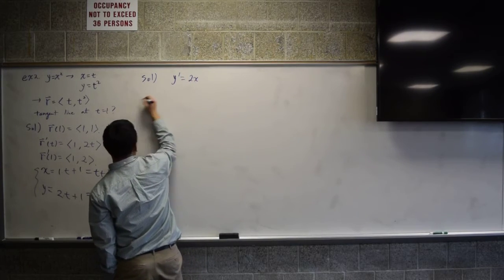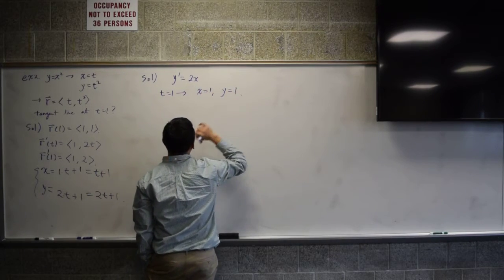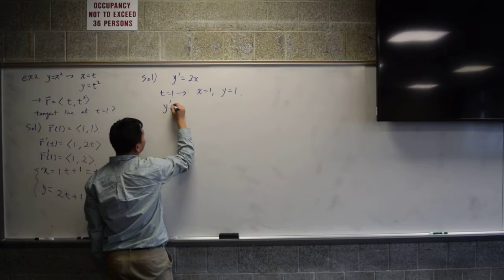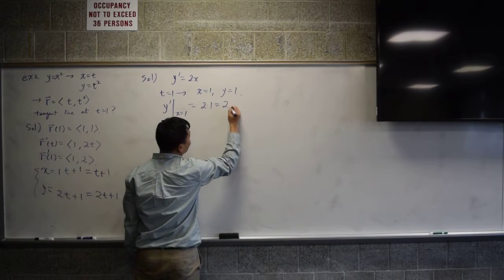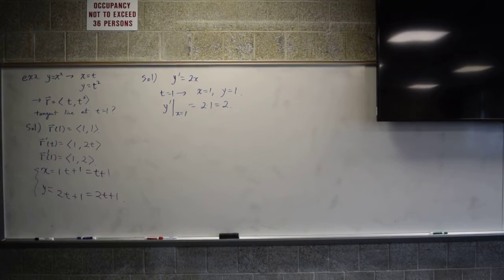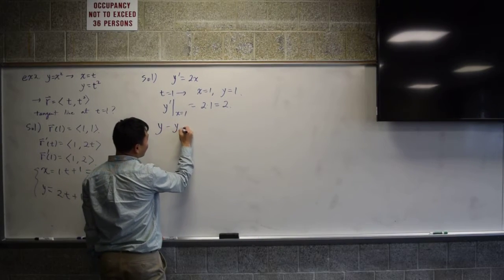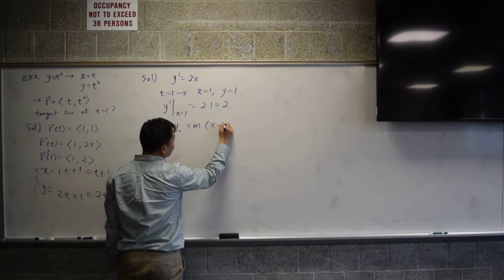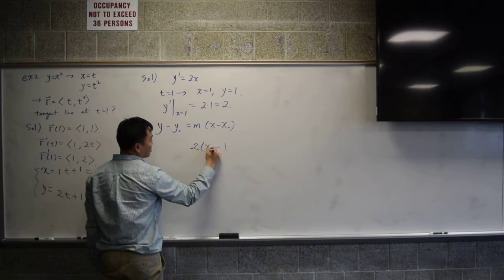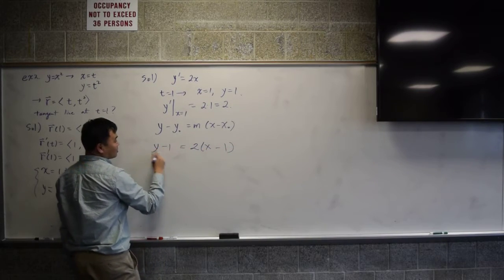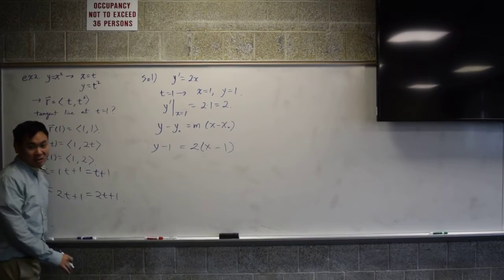And because when t is equal to 1, that gives you x as 1 and y as 1, your y prime, when x is 1, gives you 2 times 1, which is 2. So it has a slope of 2 at (1, 1). What do you do now? You use the point slope form. Y minus y naught equals m times x minus x naught, where m is now 2, and x naught and y naught are this point. And then you can further simplify this and get your answer, right?